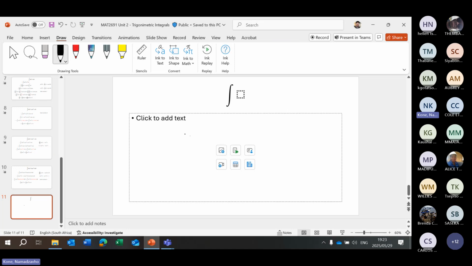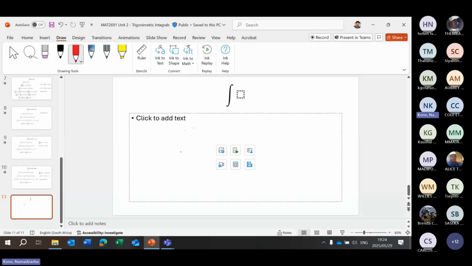Or maybe I didn't click here. No, it's not. Try to double click just before you write your sign, and then you do it. If it was writing, it would be nice.